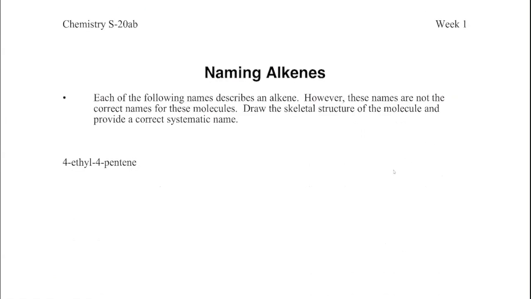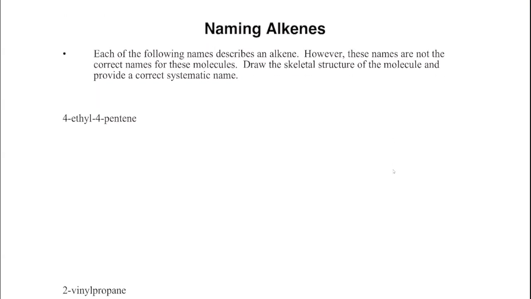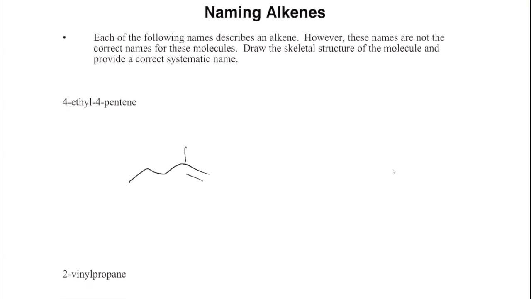For naming alkenes, we normally treat the double bond like a functional group, and do the same thing as if it's a hydroxy group or other group. So for example, if you draw this thing, it should be something like this. But it's wrong because the number could have been smaller.